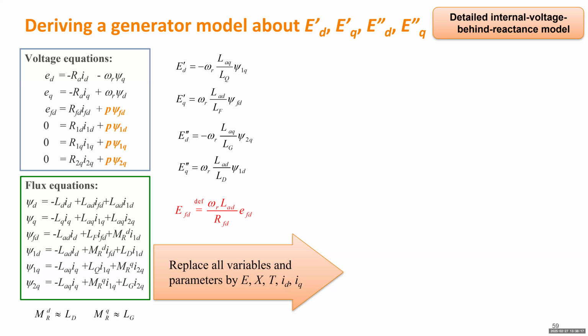If you don't do this, in the final model you're going to see an item like this one. But you just want to make it simple, so you call this entire thing capital EFD. This one is proportional to the actual field winding voltage. That's just for convenience of the final equation. Earlier, we already have the definition of those single prime and double prime time constants.